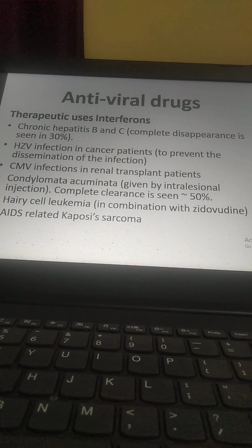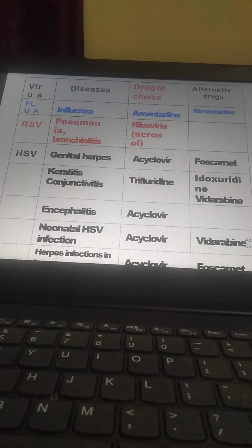Condylomata acuminata, given by intralesional injection; complete clearance is seen in 50% of cases. Hairy cell leukemia in combination with zidovudine, and AIDS-related Kaposi's sarcoma. So these are the 6 indications I enumerated.